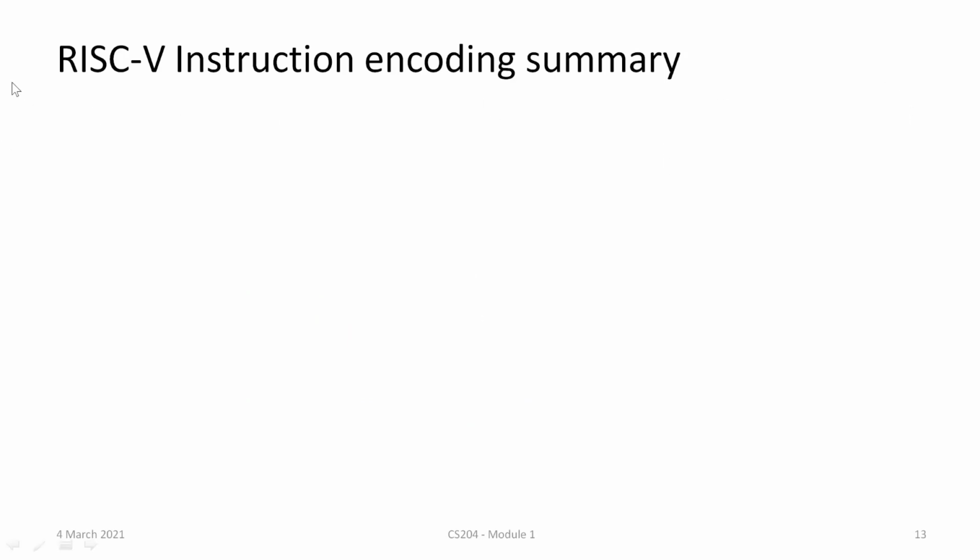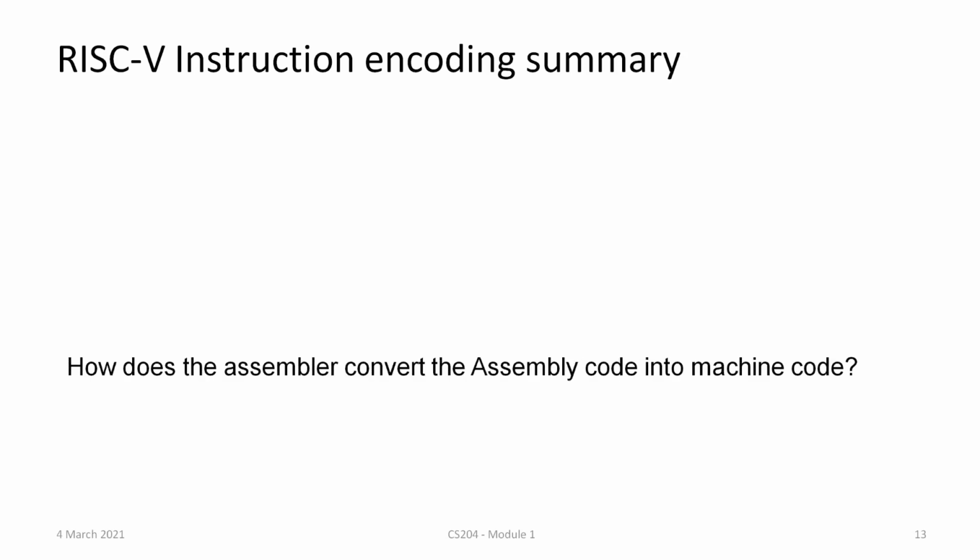Following that, a quick summary about instruction encoding. I have touched on this multiple times. Whenever a new instruction is introduced to you, I have already shared its instruction encoding. Basically, it helps the assembler convert assembly code into machine code.